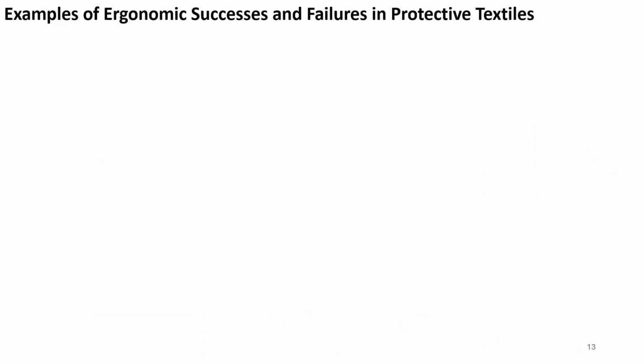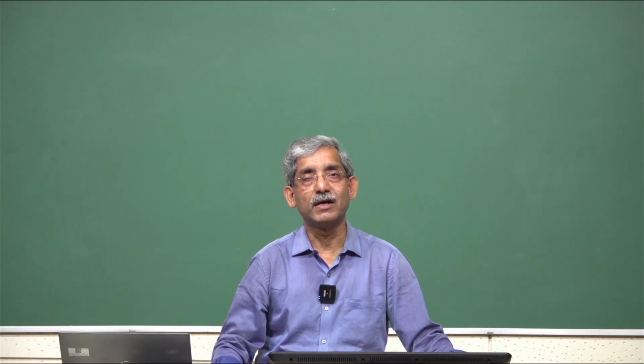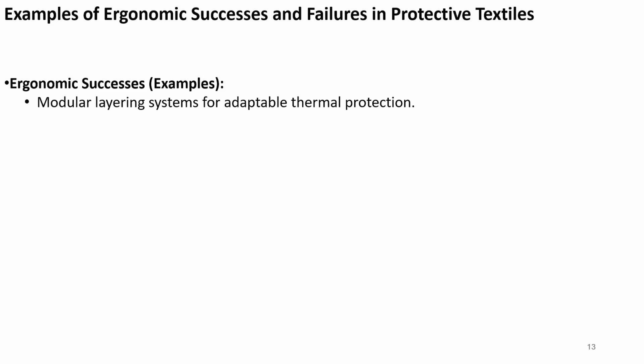So, let us see a few ergonomic successes and failures in protective textiles. The ergonomic successes are, first, modular layering systems for adaptable thermal protective textiles.